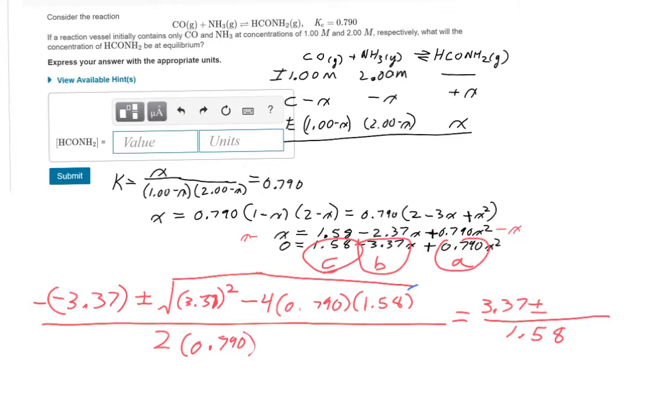So when I punch that number in, I get under the radical 6.3641. I'm going to take the square root of that. That gives me 2.52 coming out.